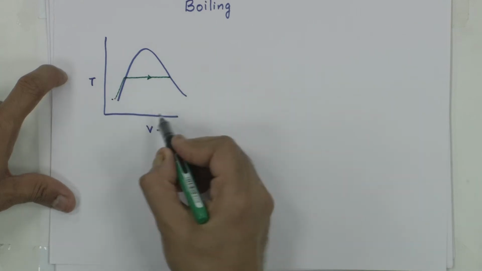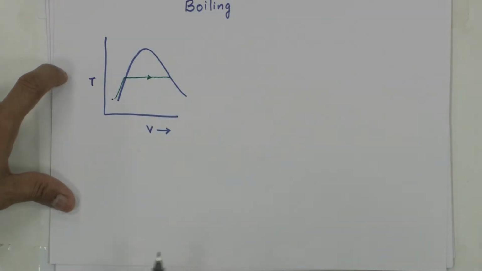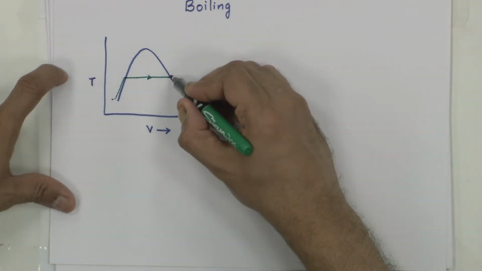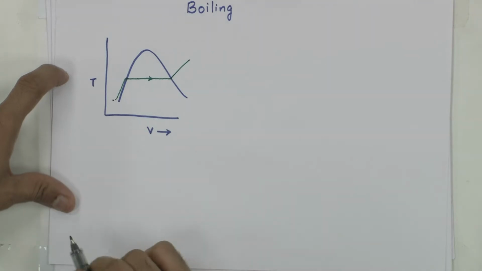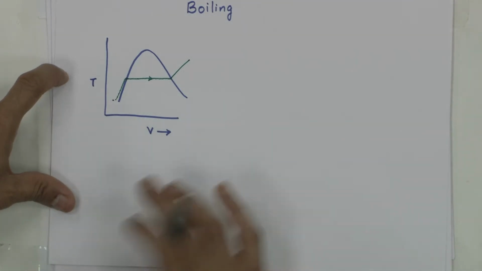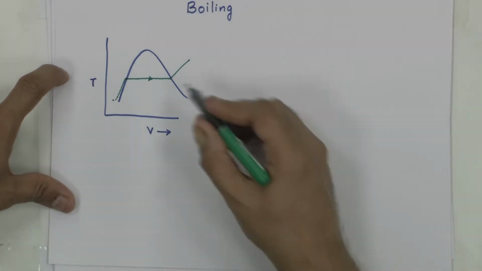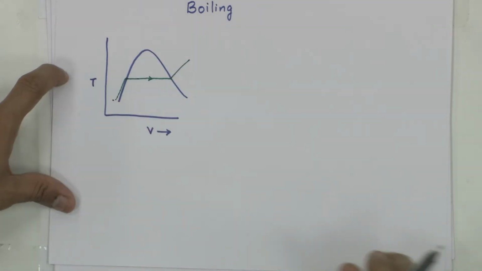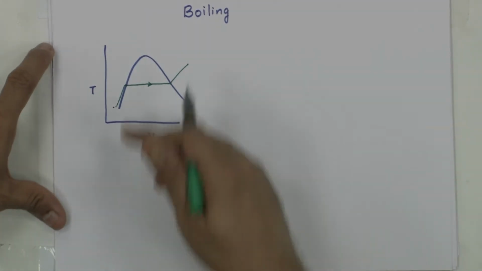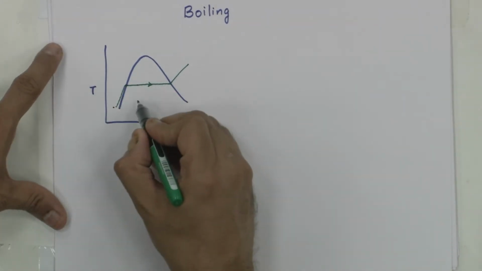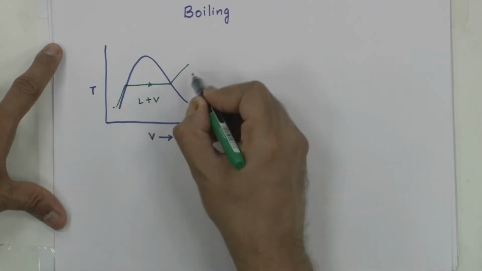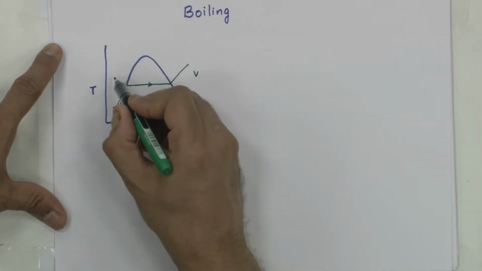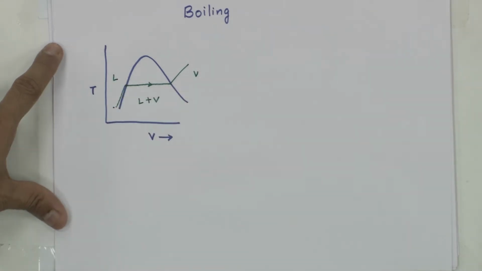The increase in specific volume would be there with no change in temperature, and after you reach complete conversion of all the liquid in the chamber to steam, the temperature would further rise. This was what was called the steam dome, and the regions would be liquid plus vapor here, superheated vapor or vapor alone here, and this would be called subcooled liquid.